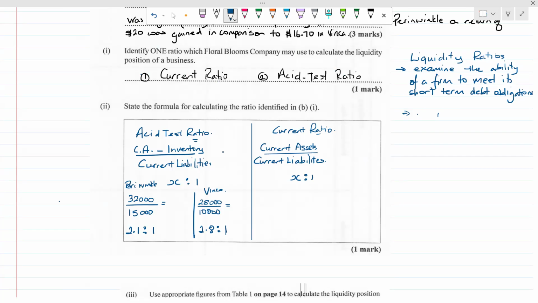And Vinca could cover this 2.8 times, right? So that means the likelihood of the company running into cash flow problems where it can't cover its current liabilities, for both Periwinkle and Vinca, is not likely. Yeah? Yes, sir.